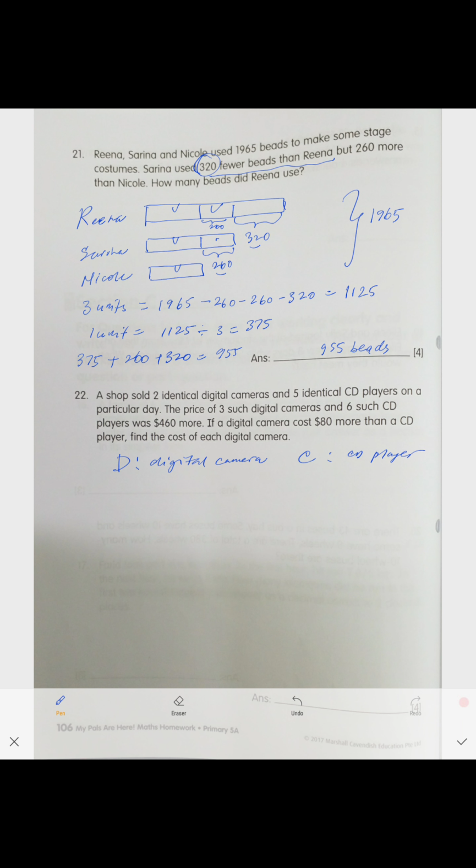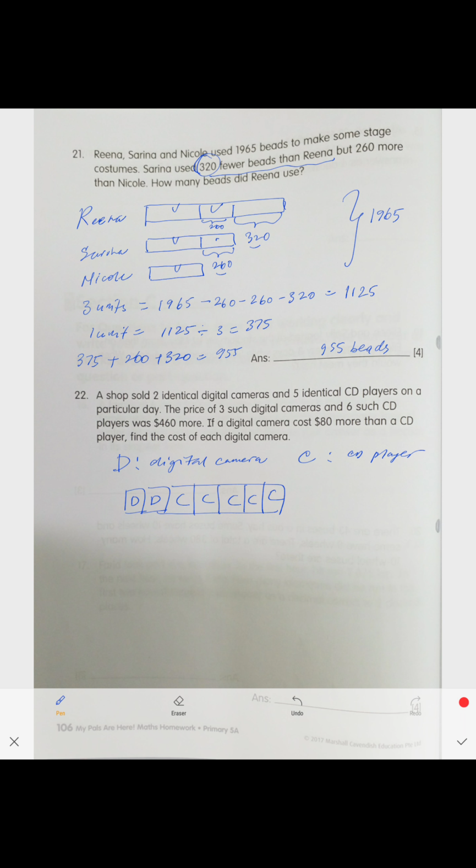Now, the first sentence: two identical digital cameras, 5 identical CD players. So this is what we draw. Two identical digital cameras, and then 5 identical, 1, 2, 3, 4, 5. This is going to be our CD players.